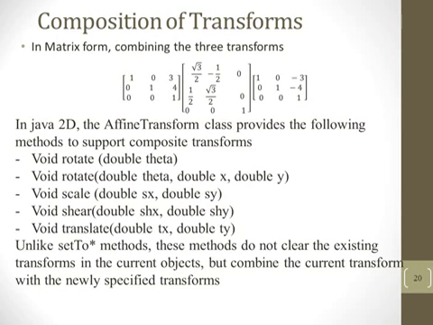Unlike the setTransform methods introduced in the previous slide, these methods don't clear the existing transform in the current object, but combine the current transform with the newly specified transform. The new transforms are appended to the right of the current one.